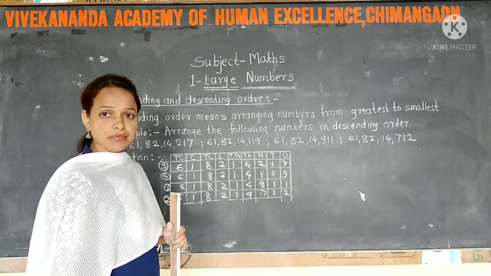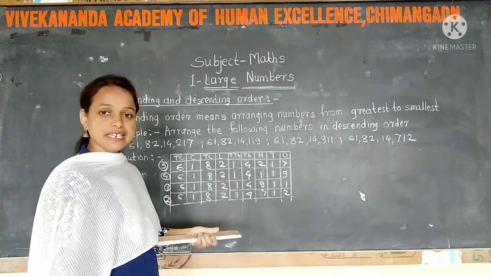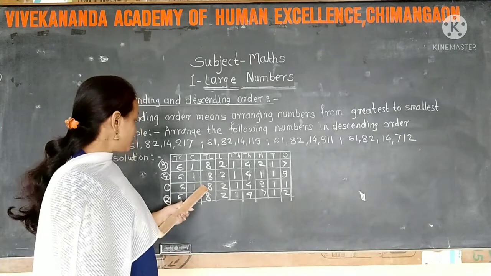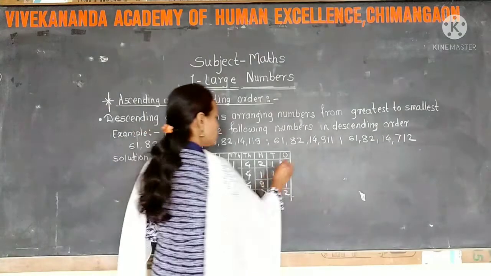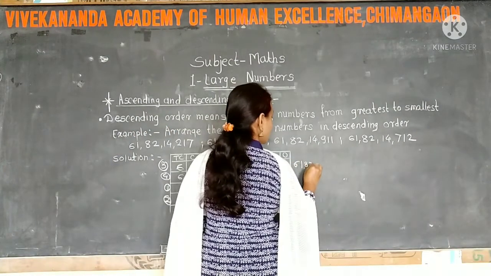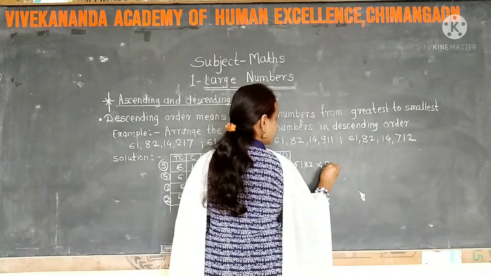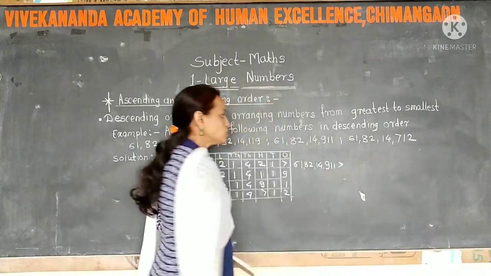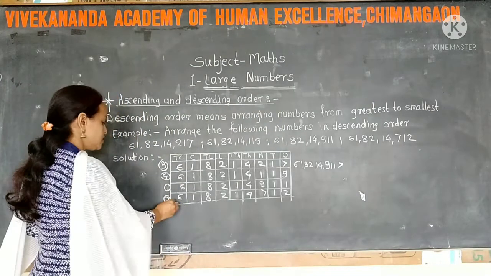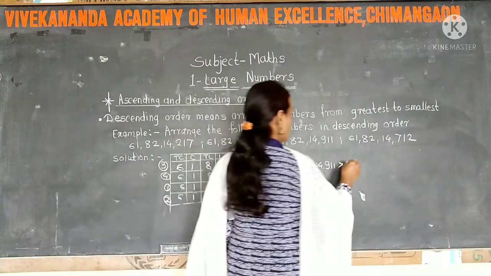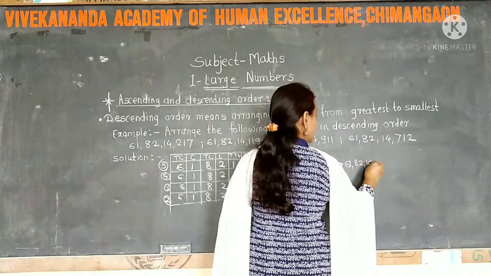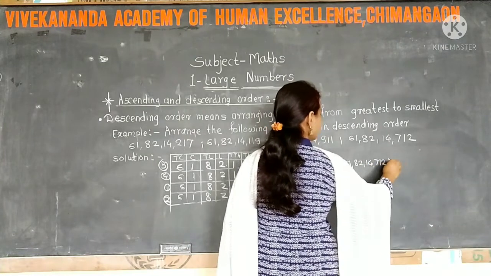Now by comparing numbers, we can write a given number in descending order by arranging numbers from greatest to smallest. So here greatest number is 61 crore 82 lakh 14,911. Smaller than this, 61 crore 82 lakh 14,712.